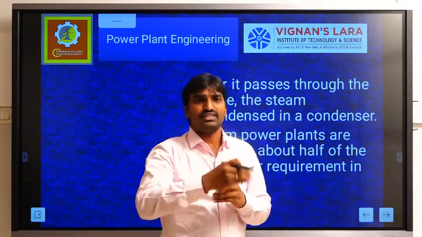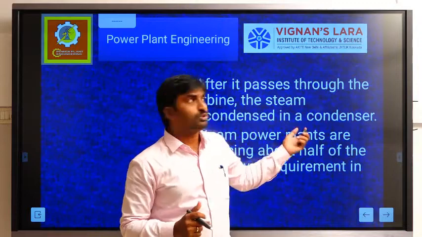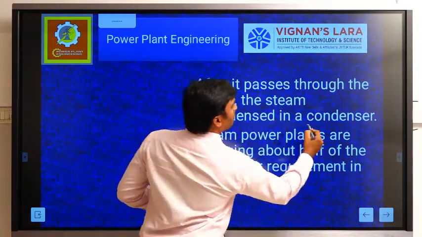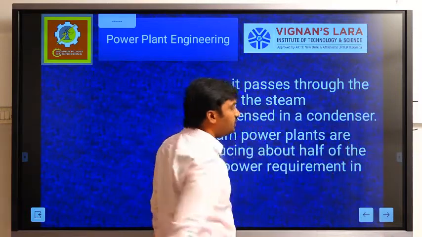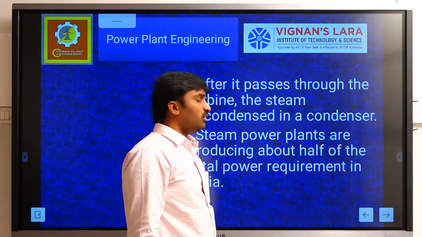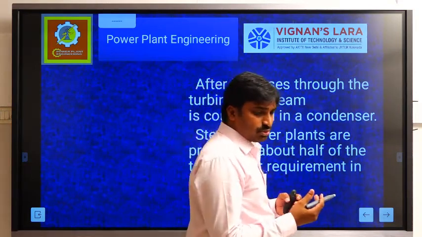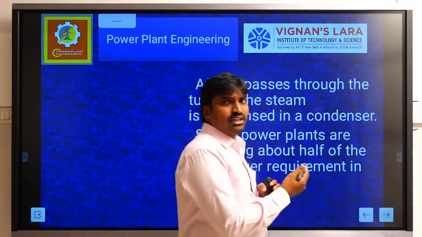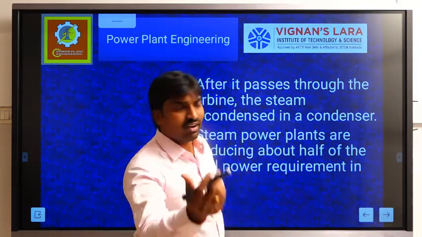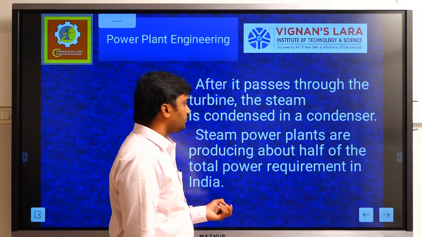The remaining steam is converted into liquid by using a condenser. A condenser is a device used to convert steam into liquid. For this conversion we need to utilize cool water, so we need to supply cooling water for this process also.